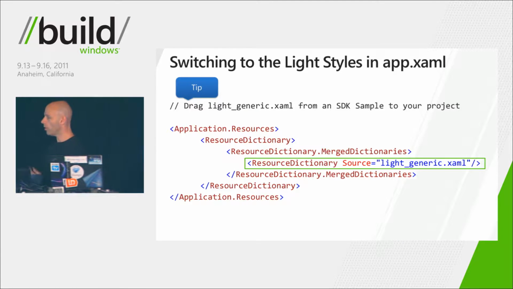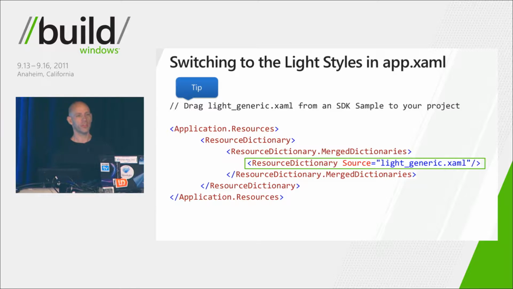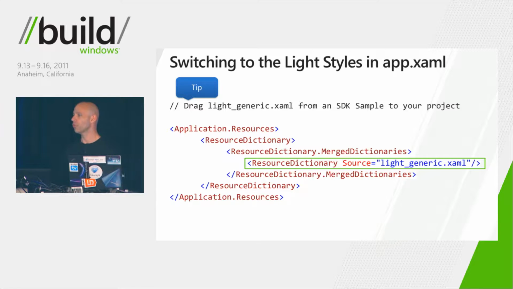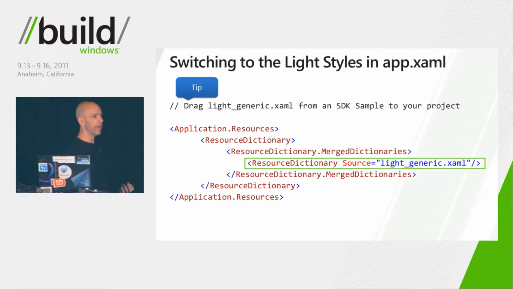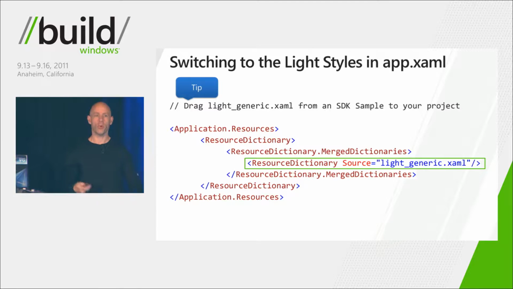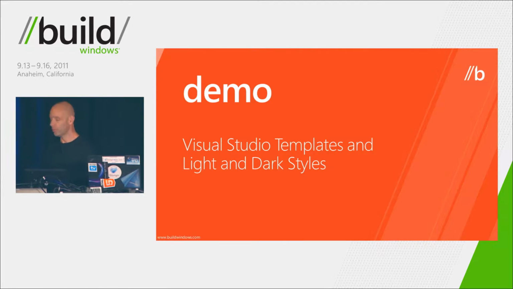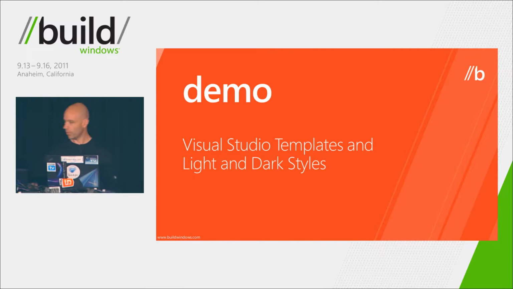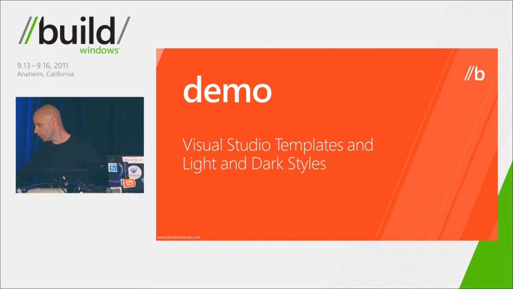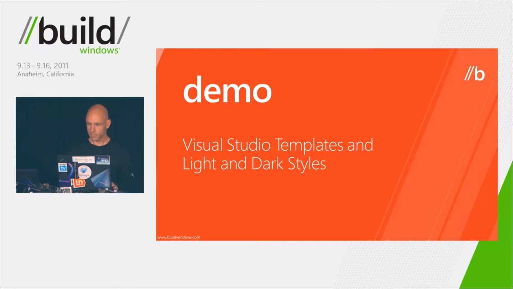And then all of your styling is built into that light generic. It's all using implicit style, so all your controls will automatically be styled. This styles your controls. It won't style any custom controls because it won't know what those are because you've created them. It won't style any panels, but it will style the controls for you. And it's pretty easy to do. So let's go ahead and demo and show how this works.